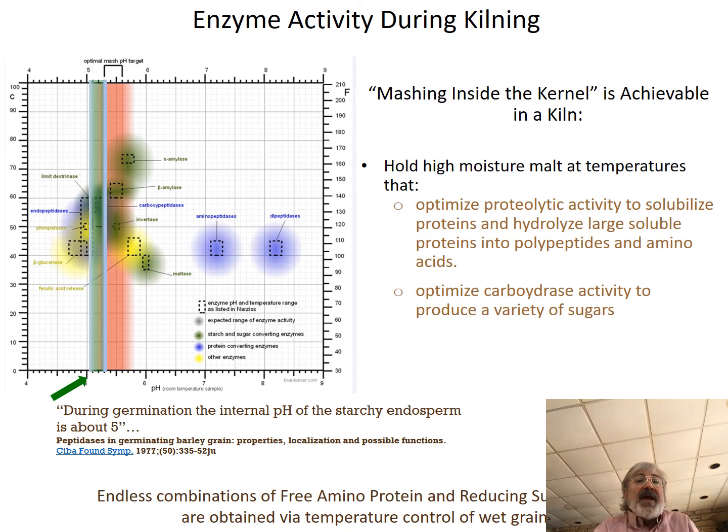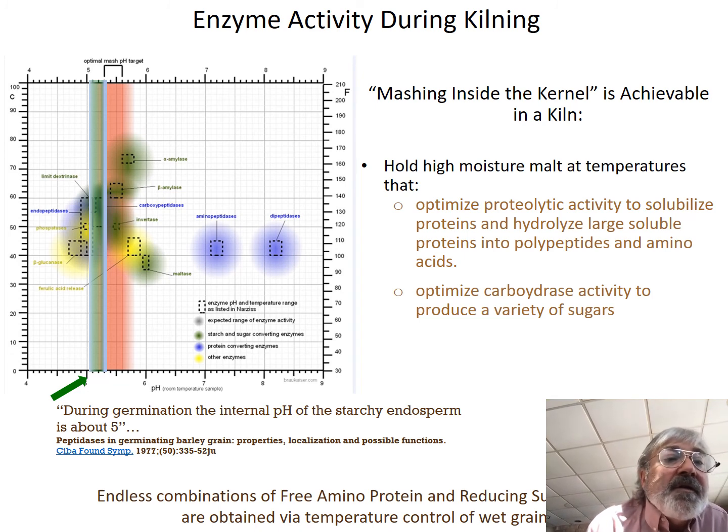There's a lot of different enzymes that we can activate. If you look at what we believe the pH of the inside of the kernel to be, we can see there's all sorts of enzyme systems that can be activated while the grain is still wet. So if I can take high moisture malt, I can optimize the malt temperature using psychrometrics. I can hit a malt temperature that optimizes, for example, proteolytic activity.